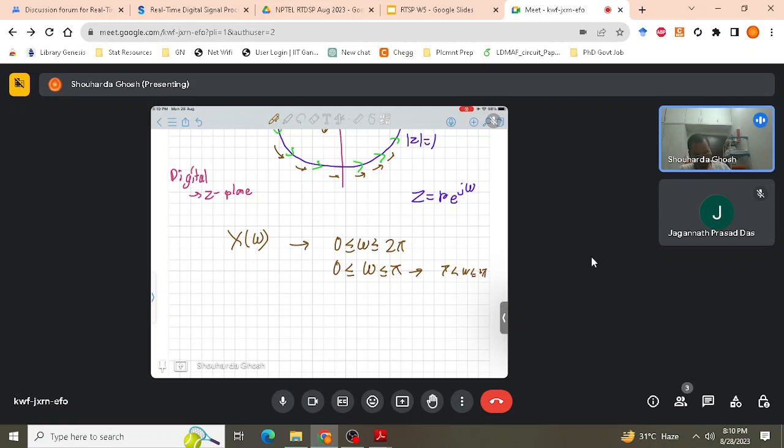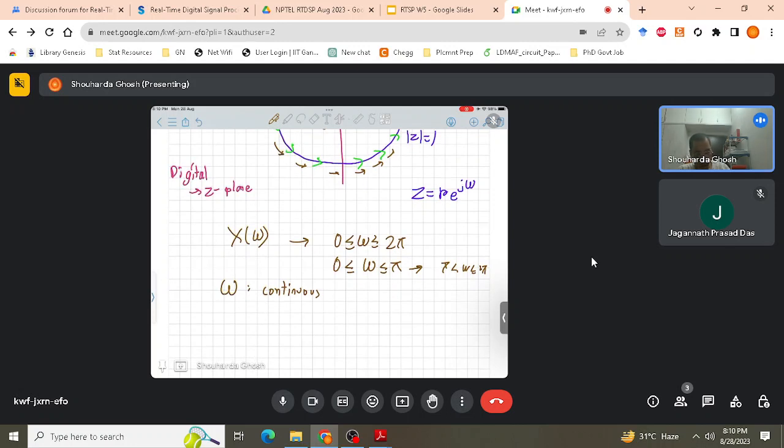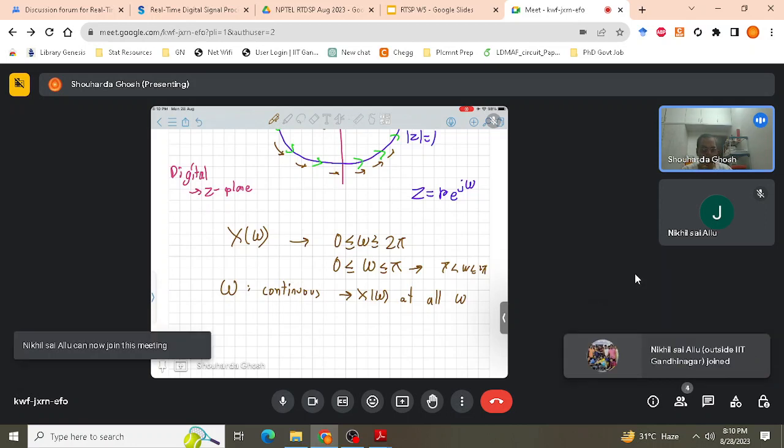Now the thing that is of concern to us is that omega is continuous. Although our signal x[n] is discrete, omega is continuous. And imagine trying to evaluate X of omega at all omega. You can understand very well that this is really difficult. Okay, it's almost impossible. Why is it impossible?